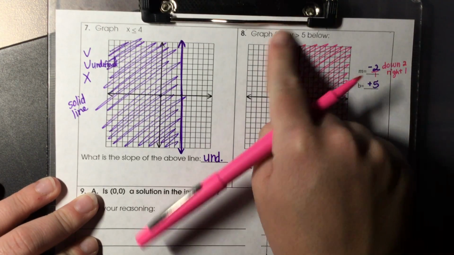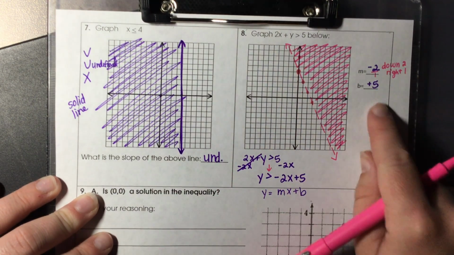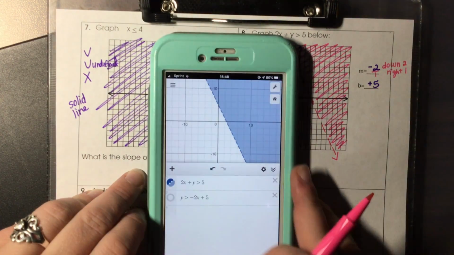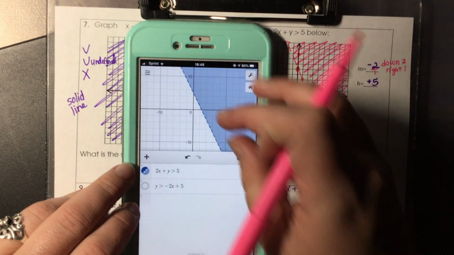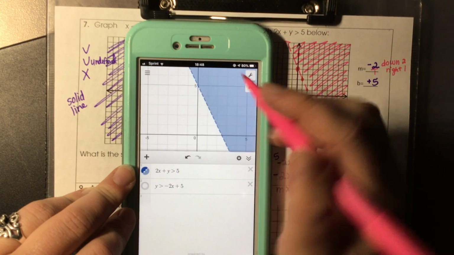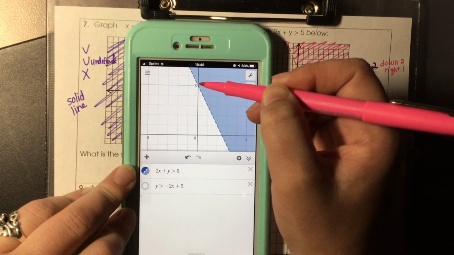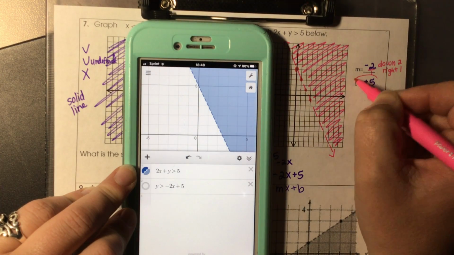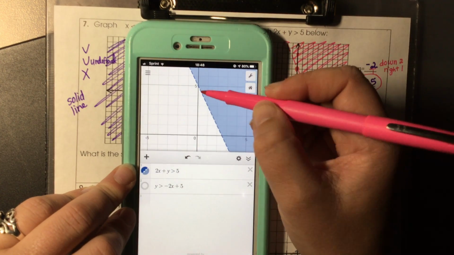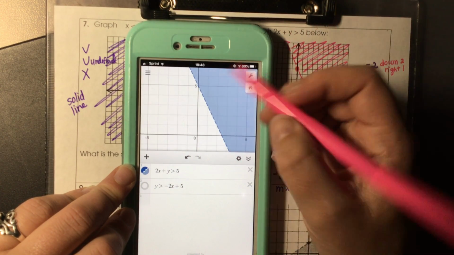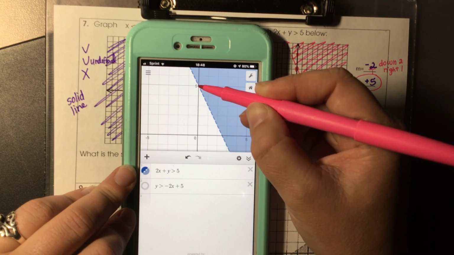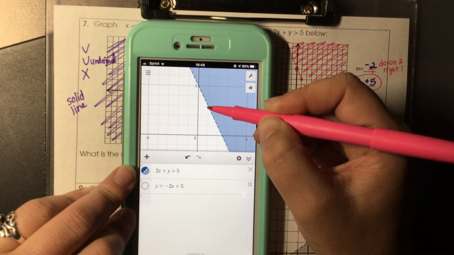So that would be graphing this equation given, writing down the slope and the y-intercept, okay? If I was to use Desmos to find the slope and y-intercept, I could zoom in a little. I see my y-intercept. It goes through my y-axis here at the point 5. So that's where I get my y-intercept of 5 from. Then if I draw a little bitty triangle here, it goes through perfectly right here, and it also goes through perfectly right here.